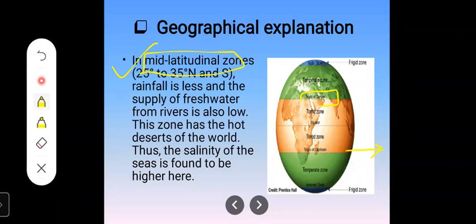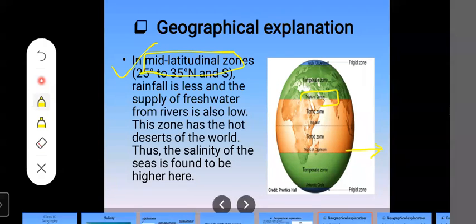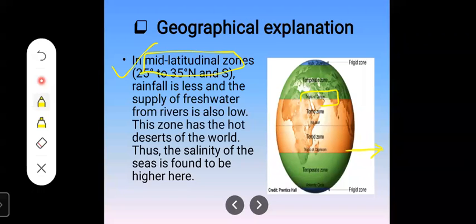The mid latitudinal zone is below the Tropic of Capricorn and above the Tropic of Cancer.